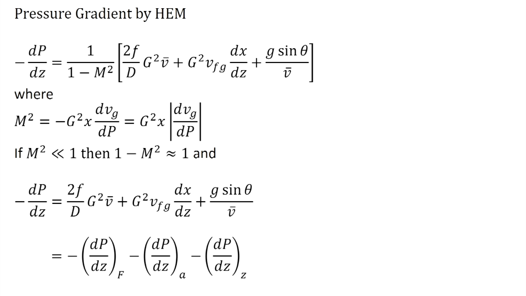The first term is identified as the pressure gradient due to friction, the second term is the pressure gradient due to acceleration, and the third term is the pressure gradient due to gravity. This we have done before.